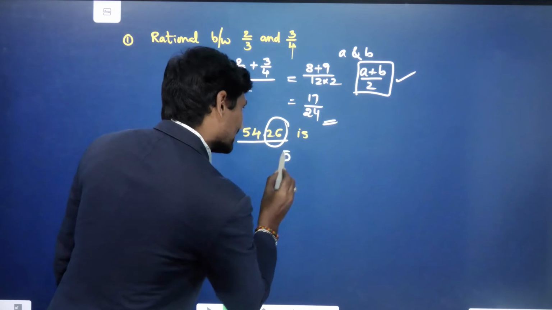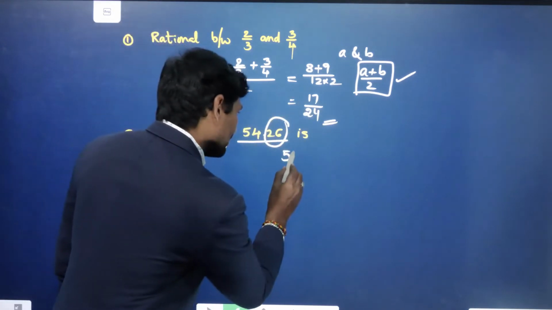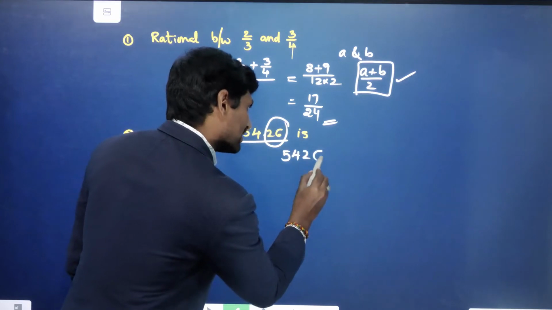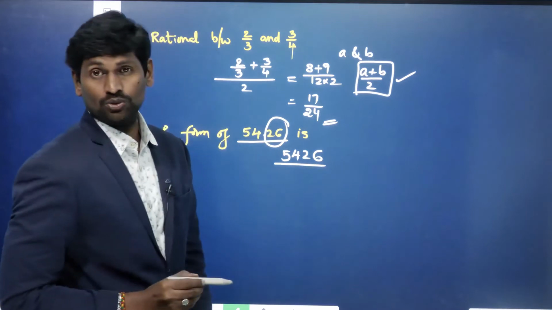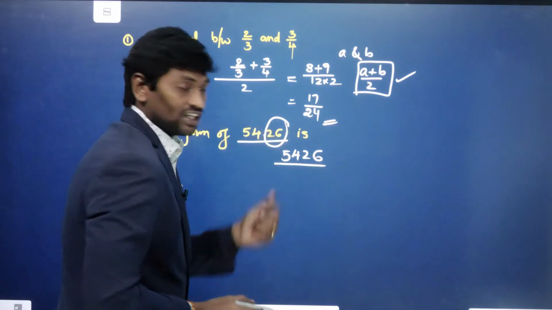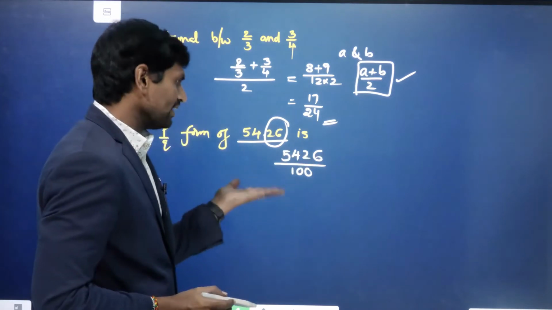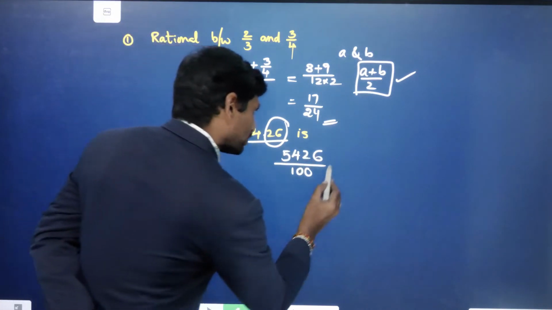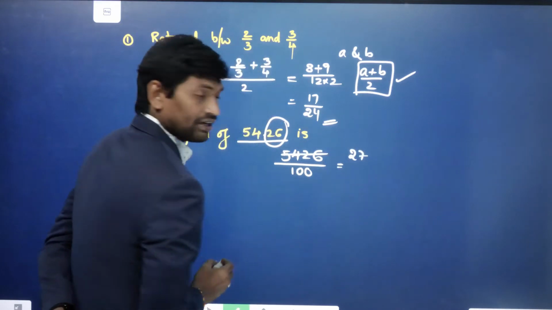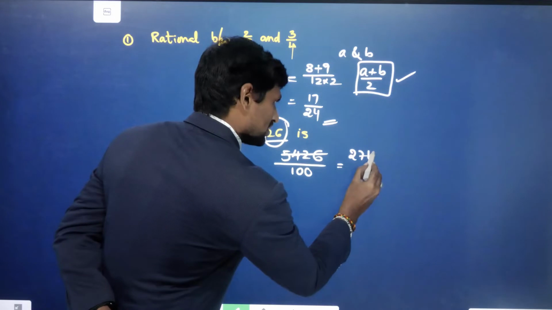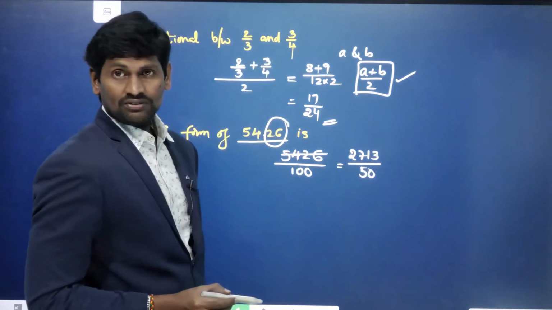So while writing 54.26 without the decimal, it is 5426. I am just removing the decimal point. In the place of the decimal, I can write a denominator with 2 zeros because there are two decimal places. You can cancel it by using the 2 table: 2 27s are 54, 2 1s, 2 3s, divided by 50. 2 table 50 times.